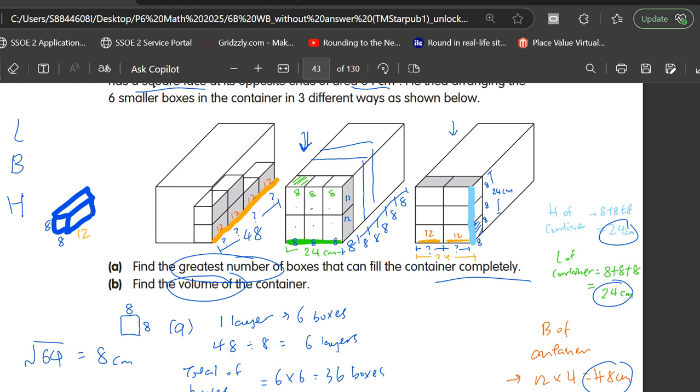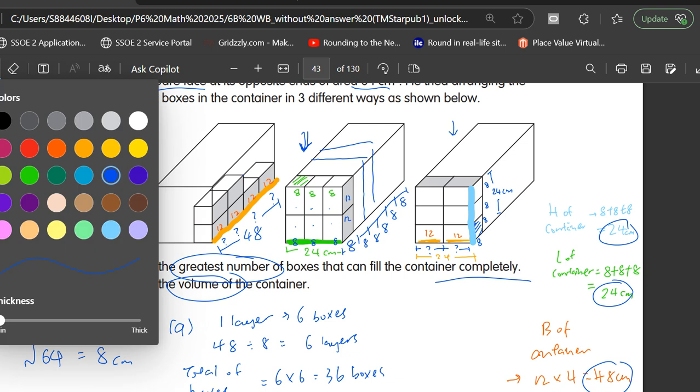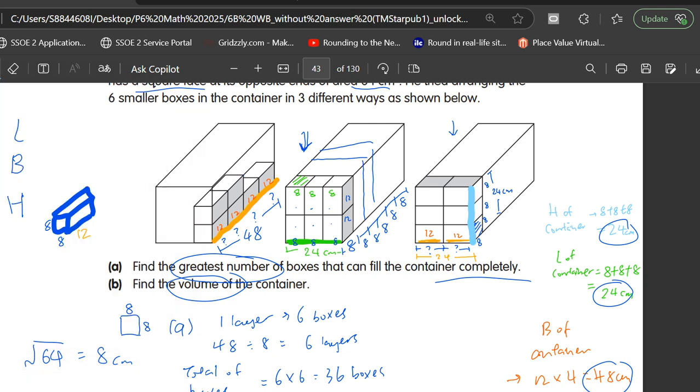I can also use the second diagram to help. So just now it said 4. You can use 4, but the 4 is for the small box lying down. So if I fill in the boxes here, it's lying down here.